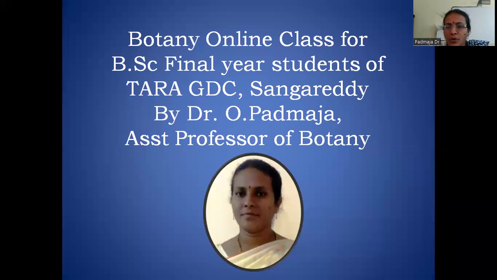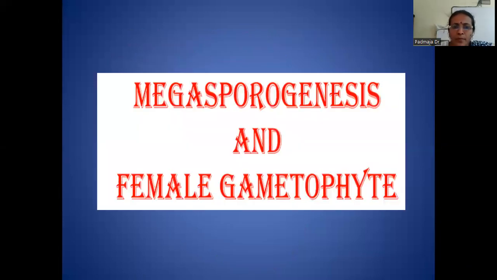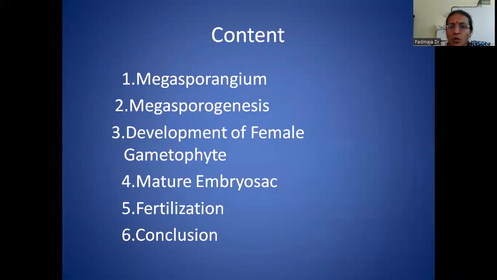And today we are going to start the megasporogenesis, megasporangium, megasporogenesis, and female gametophyte. So we are going to cover the contents like megasporangium, megasporogenesis, development of female gametophyte, matured embryo sac or matured female gametophyte, fertilization, and conclusion.